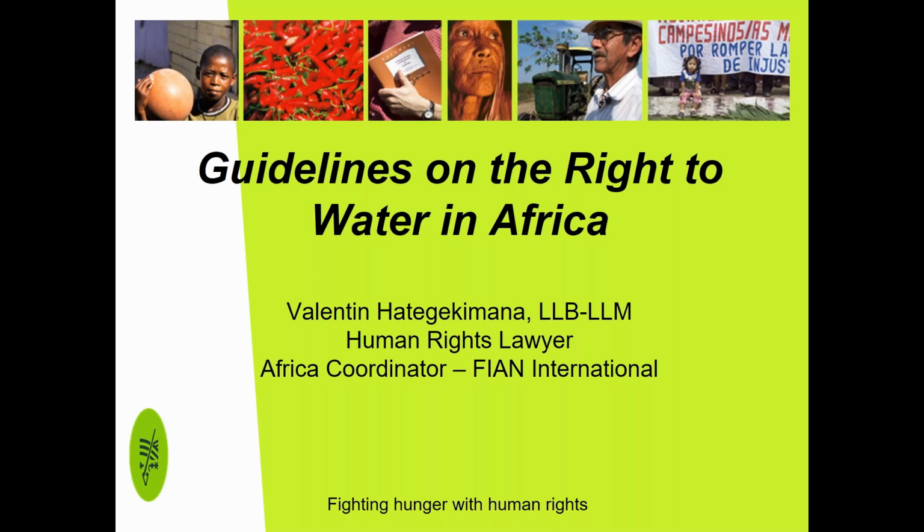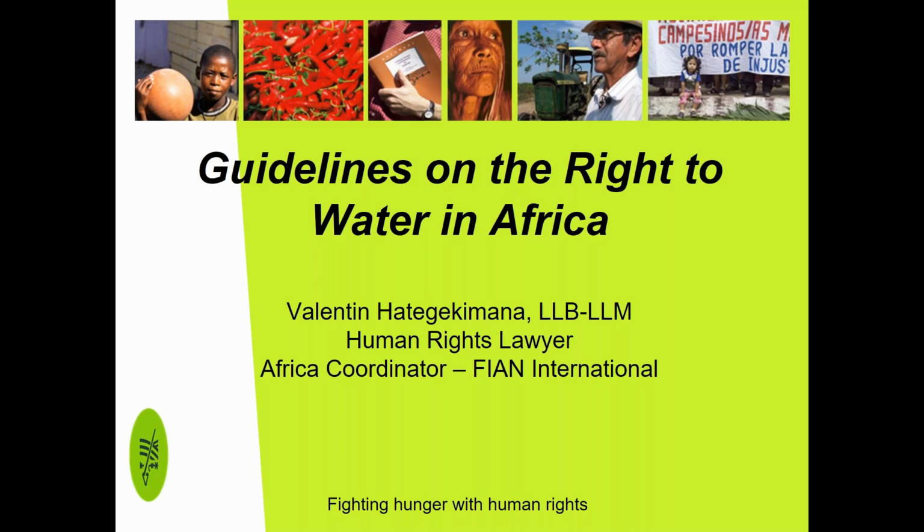If the right to water is not justiciable, or it is not in the legal framework in Liberia, the first step is to do advocacy and put in place some arguments to force your government to recognize the right to water as a justiciable right, because there's no way you can hold the authorities accountable if the right to water is not recognized in your legal framework. It will be very, very hard.